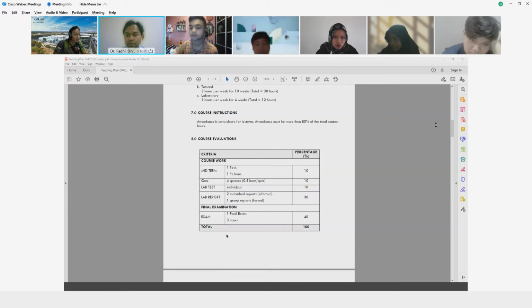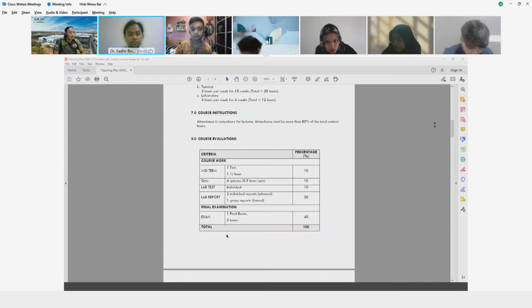Midterm will give you 10% if you can answer all the questions correctly. For the quiz, there are 4 quizzes. Total for these quizzes is 10%, which means one quiz is 2.5%.